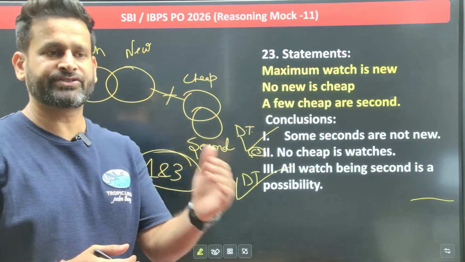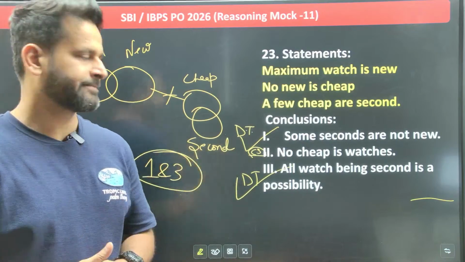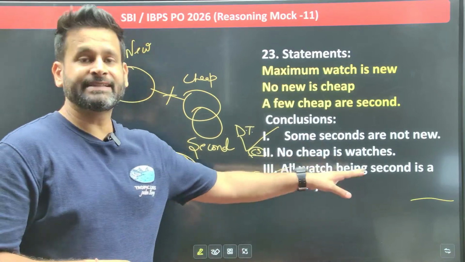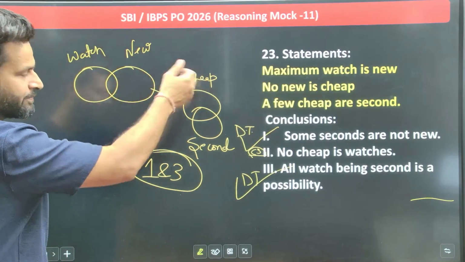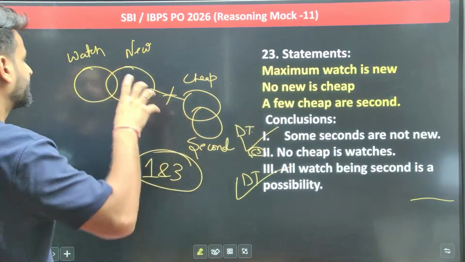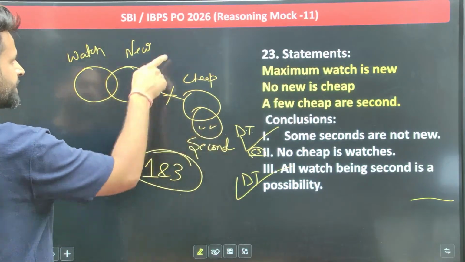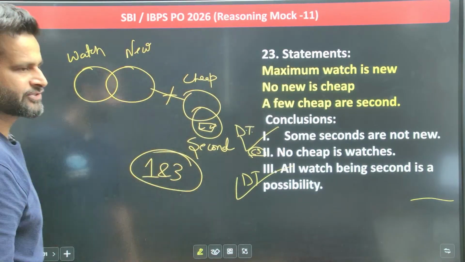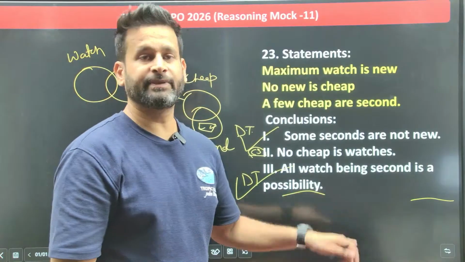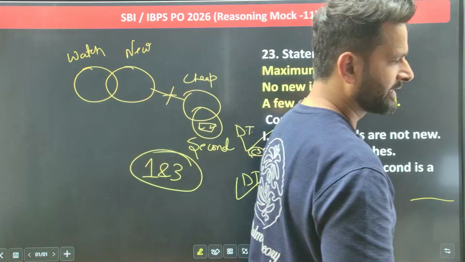CS means cannot say, about which we are not in a situation to say whether it is right or wrong. All watch being cheap would be wrong. But all watch being second, this area is free. Here, if you want, you can place both watch and new without overlapping with cheap. Asking of possibility, so yes, it is right.